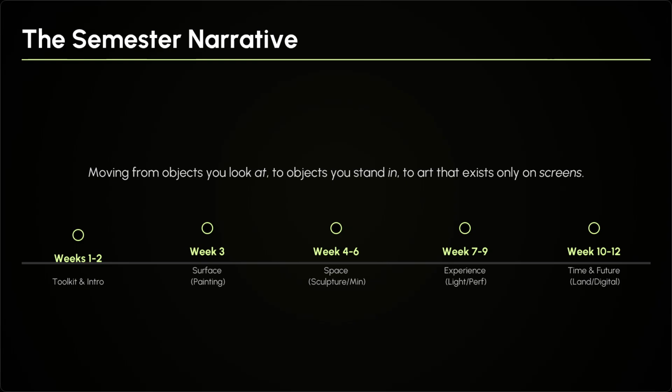Next is experience, light art and performance, where you physically engage with the artwork. And finally, we end with time and future, land art and digital art. We are moving from objects you look at to objects you stand in to art that exists only on screens.